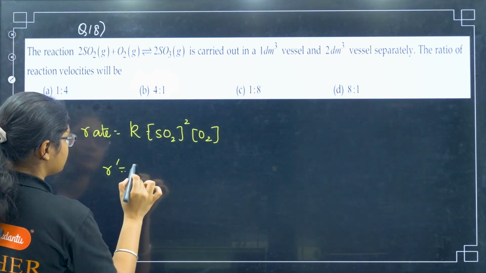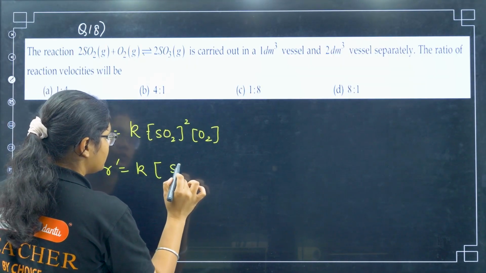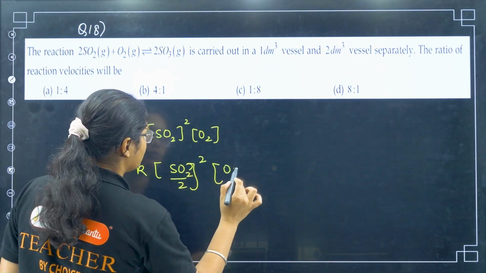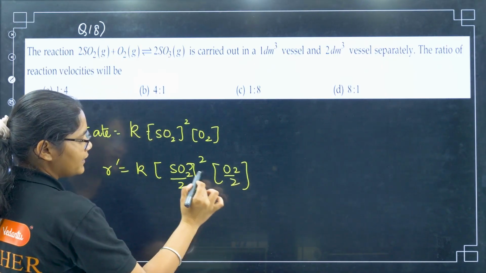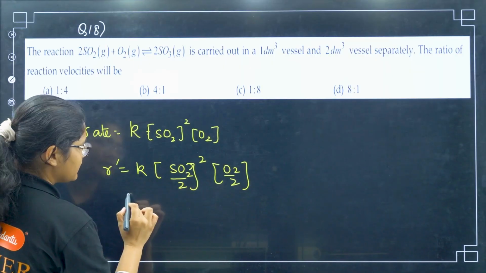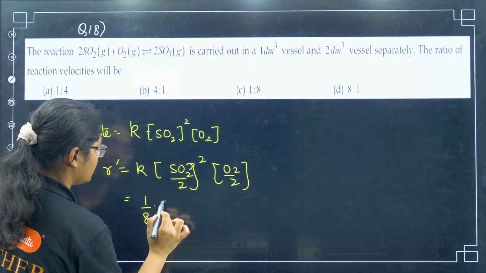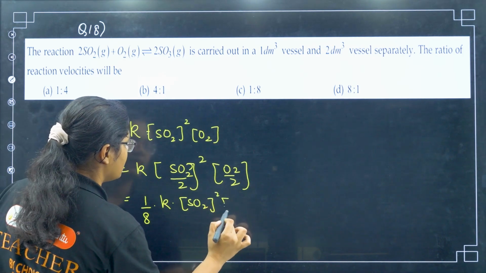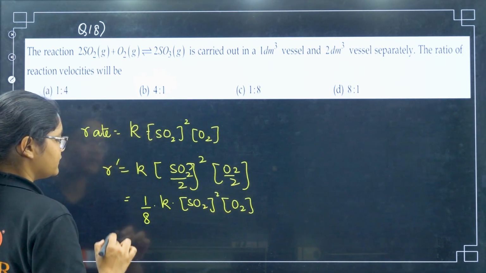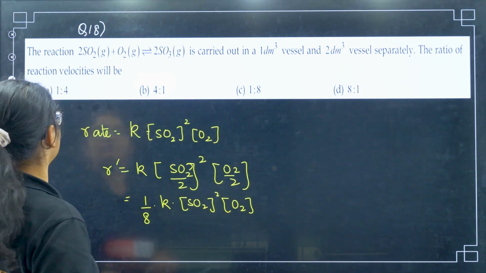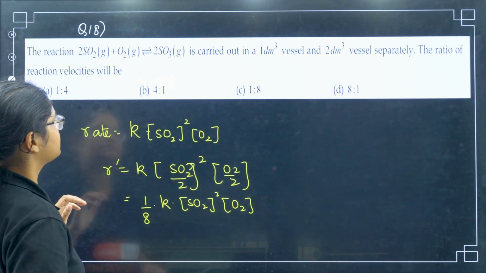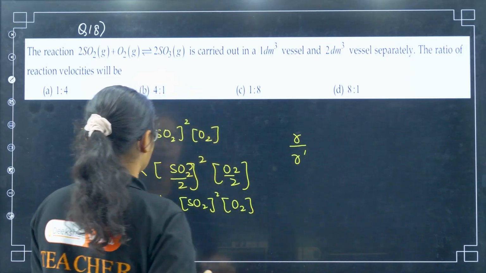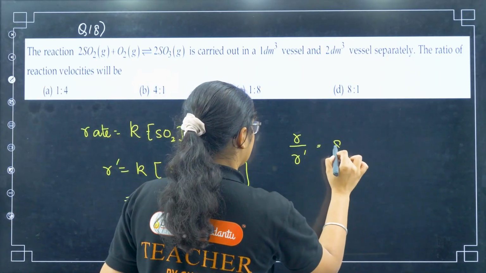So rate dash will be equal to K into SO2 by 2 whole square and O2 by 2. So I will get here 1 by 8 into K into SO2 square O2. This is R dash. Now we have to find the ratio of reaction velocities. If I take R by R dash, I will get here 8:1.